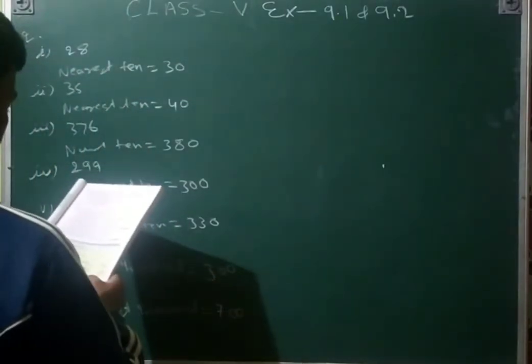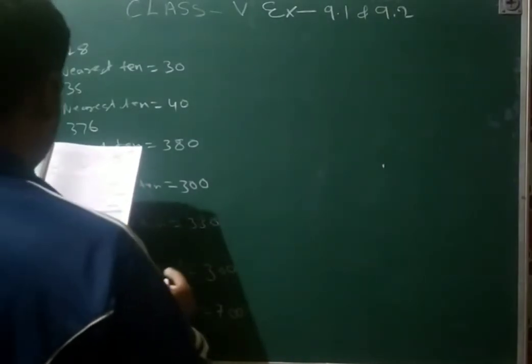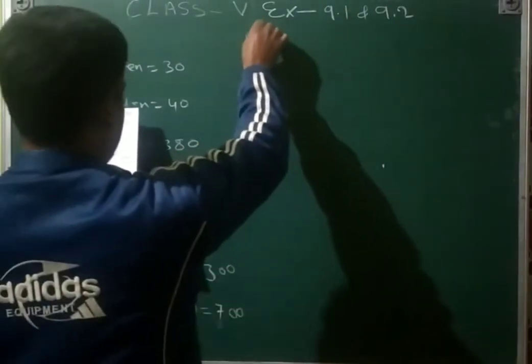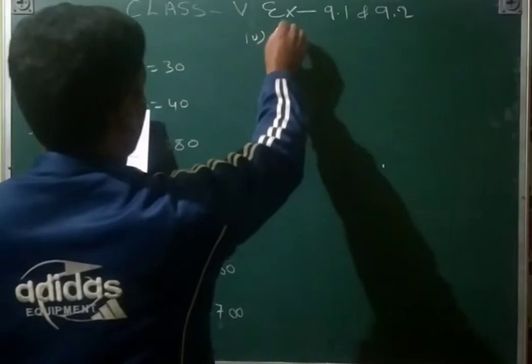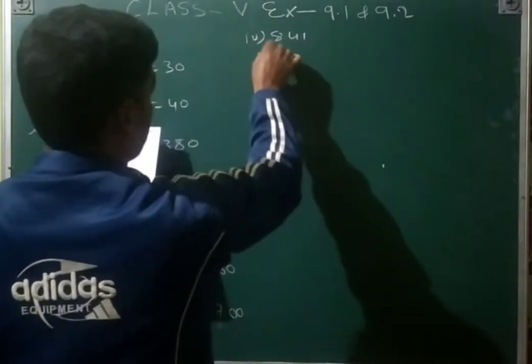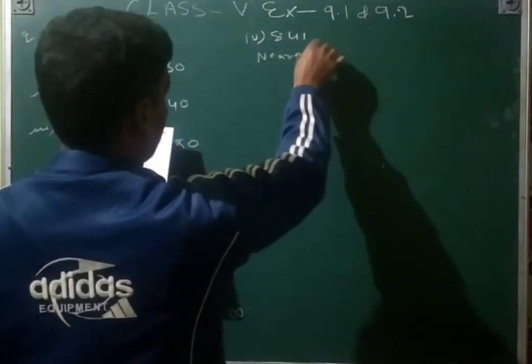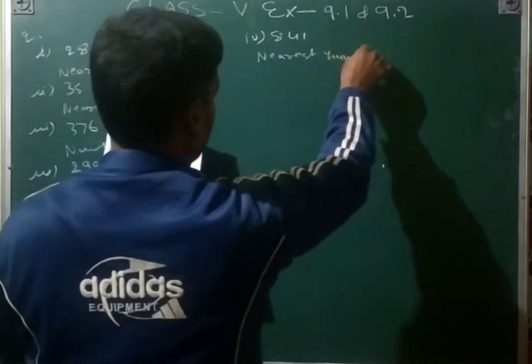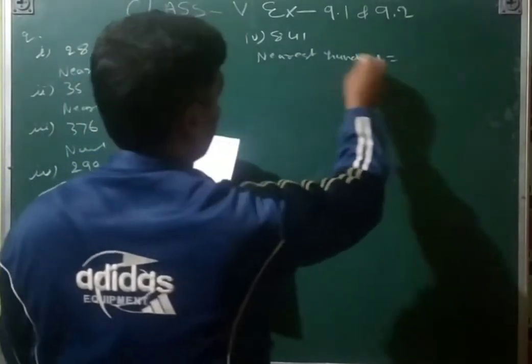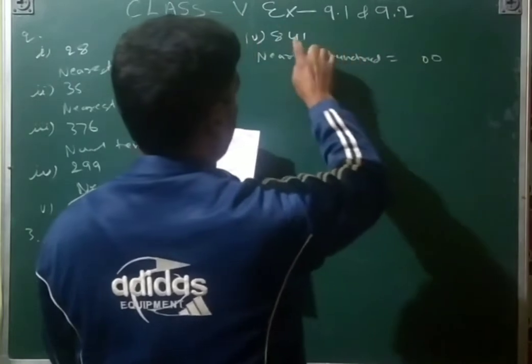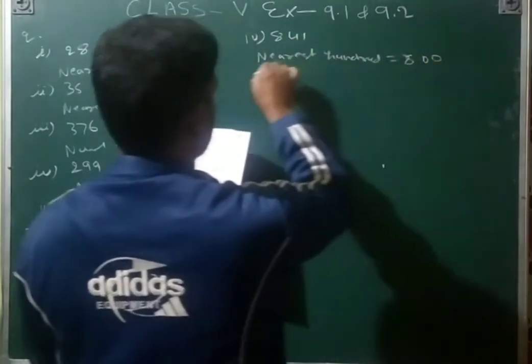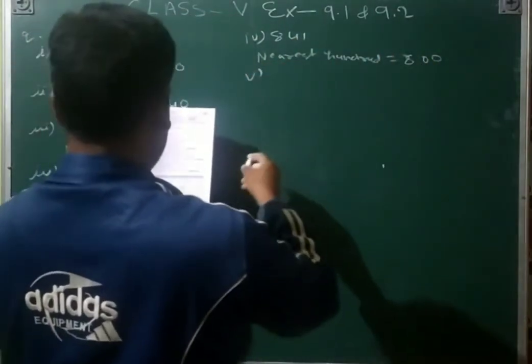And then the third part you can do. Fourth part, 841, nearest 100 is 00 here, this is the 4, so this will not change. That is the fifth part.